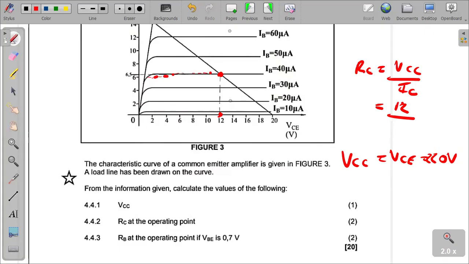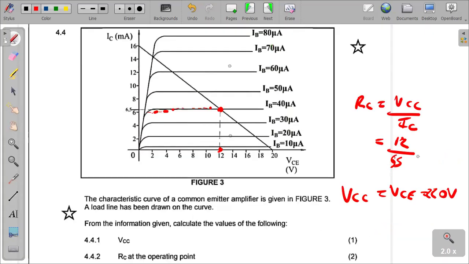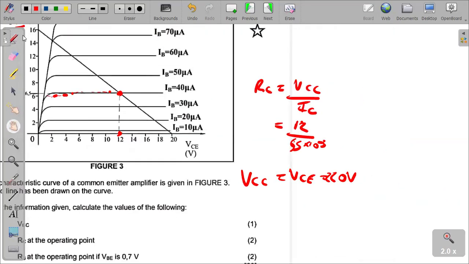That's divided by 6.5, but it's in milliamperes, so we mustn't forget. So it's 6.5 times 10 to the power of -3, and that will give us 1,846.1538, which is apparently 1,846 ohms. That's our RC.